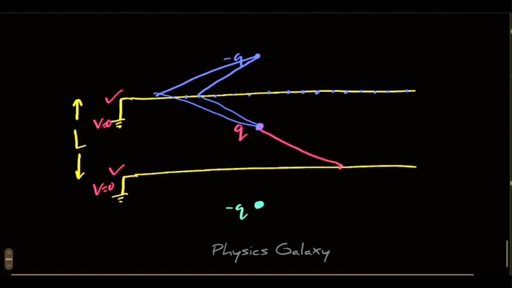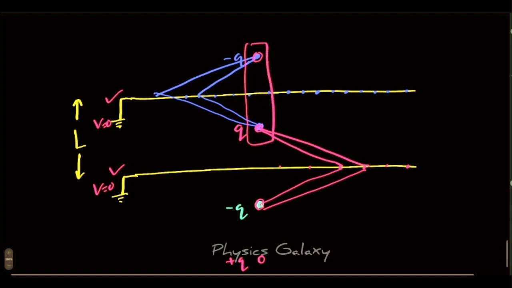But no, it won't be 0, because there is potential due to this minus Q also. So to balance that out, I have to put one more positive image charge here. Now it will be balanced for this plane, because we have plus Q minus Q above this plane and minus Q plus Q below this plane.